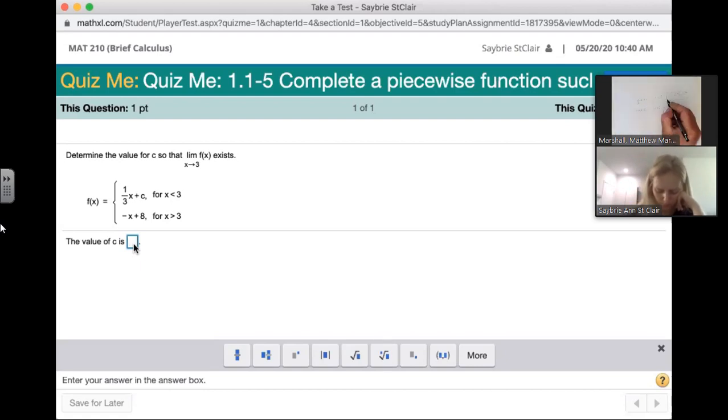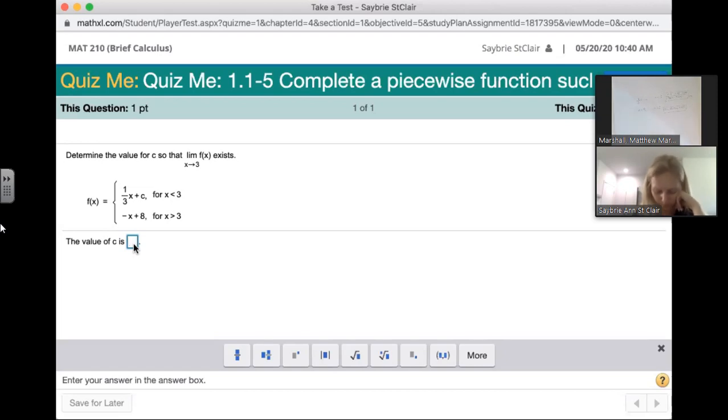And then I don't know if you have a calculator, but just plugging those in, 2.9 times 1/3 looks like 0.966. And then 2.99, so this looks like 0.996. So it looks like, again, it's going to be 1 plus c. And then 3.1 in the bottom, right?